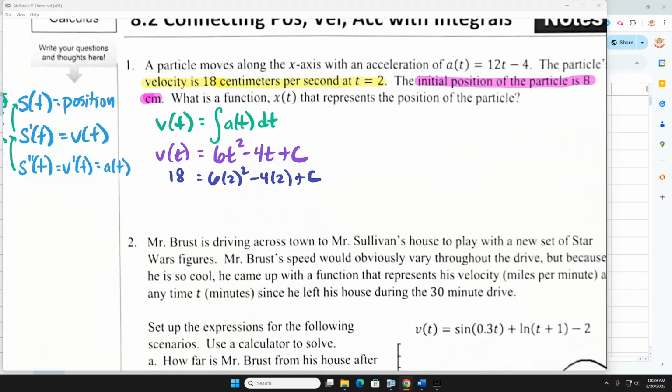This shouldn't give us anything too crazy to do without a calculator, because a lot of these problems are written nicely where you don't end up with a bunch of weird fractions. That would be 6 times 4, 4 times 2. And when I get everything on one side, it looks like we're going to get that C is 2.